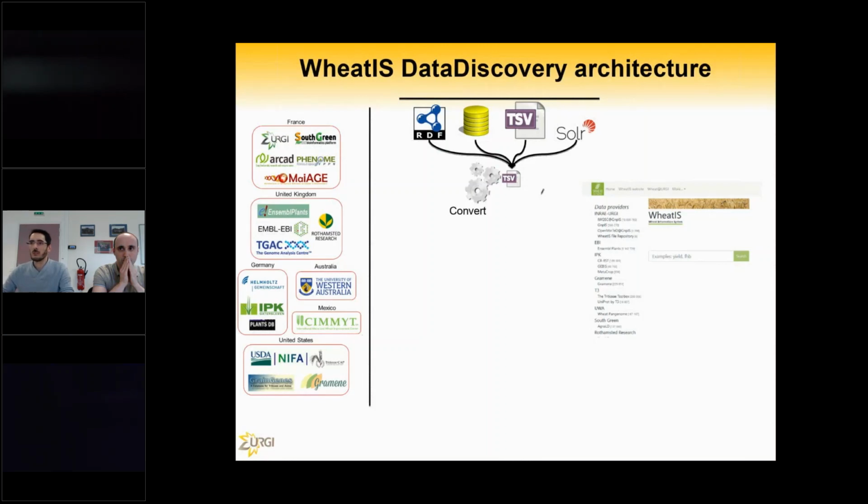One of the first steps with this TSV file, tabulated file, sorry, is to convert it to JSON, and as you can see, there is a normalization step which allows us to remove duplicates and to also normalize data following the same logic between all the different data providers, for having a good display in the web interface later.